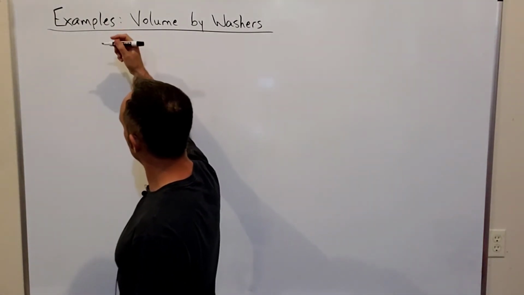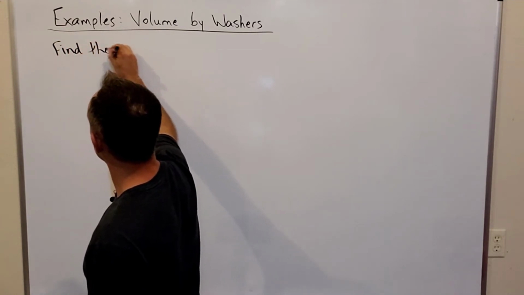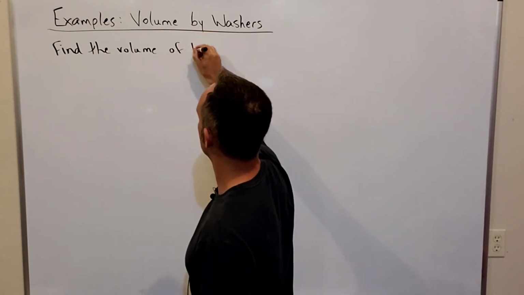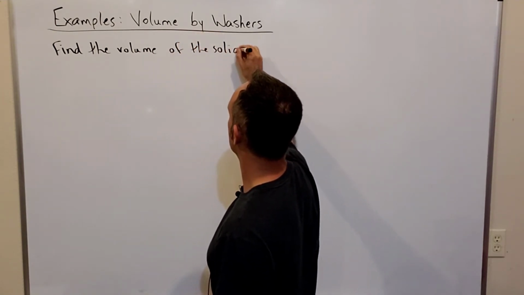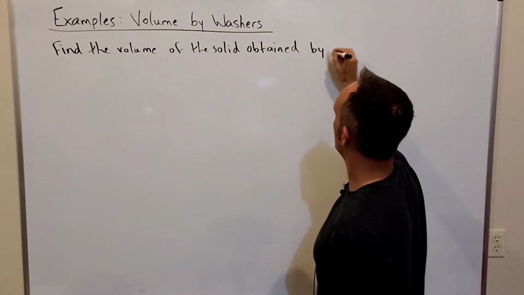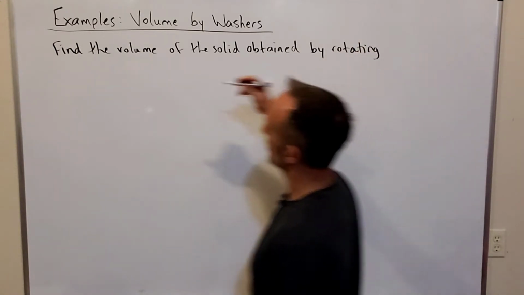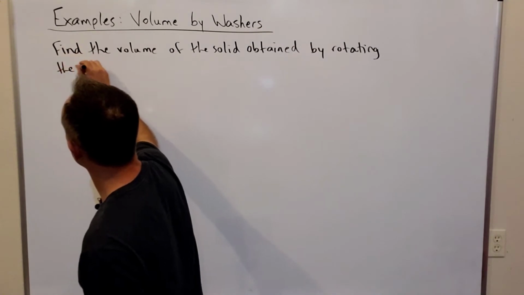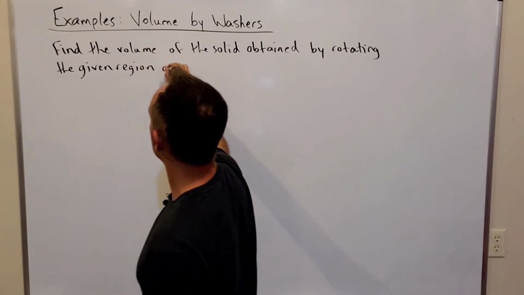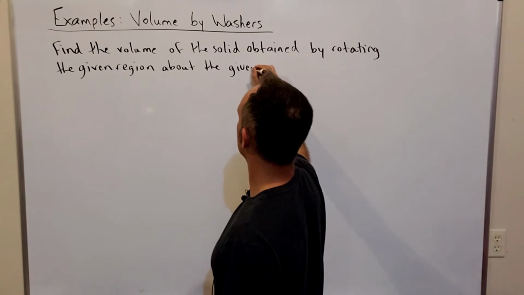So with all of the problems, we'll have the same set of instructions, which are find the volume of the solid obtained by rotating the given region about the given axis.